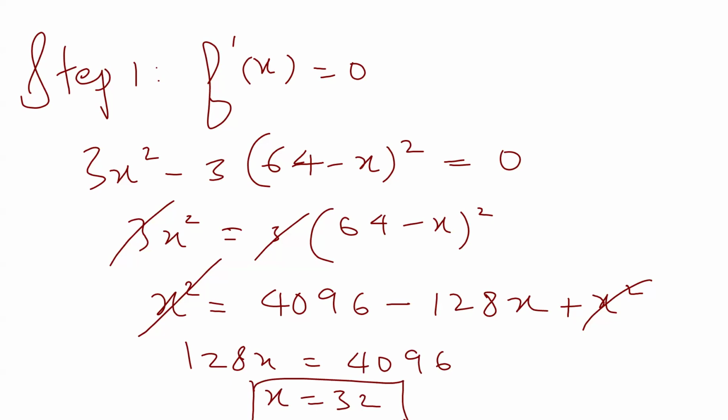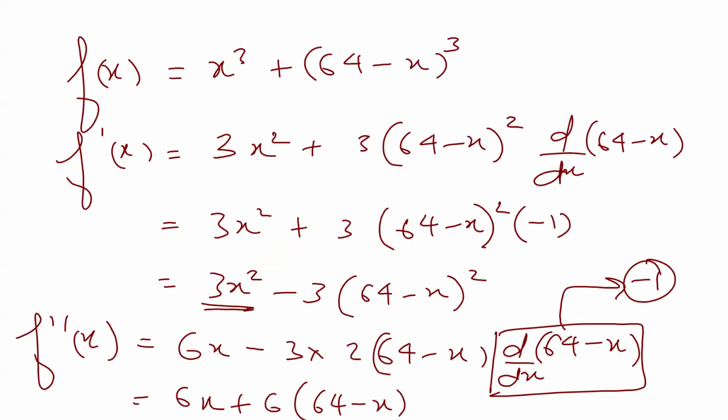Okay, I'll show you the previous slide once again. See, f dash x, f double dash x. See what I have written. Okay, then equate f dash x to 0.